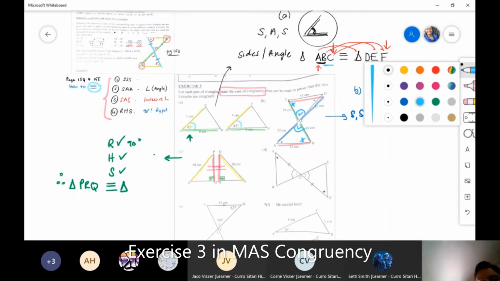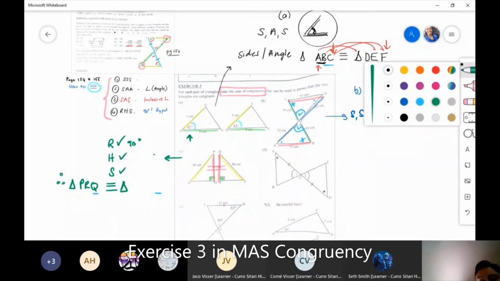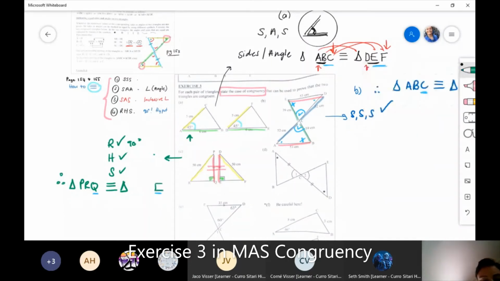I'm looking specifically at Q because Q is my 90-degree angle, which means this triangle, if I finish stating it, must end in an F, because the order is angle P must be equal to angle D, angle R must be equal to angle F, and angle Q to E. Therefore, we can see with the second triangle, it is not in alphabetical order. Alphabetical order would have been DEF.